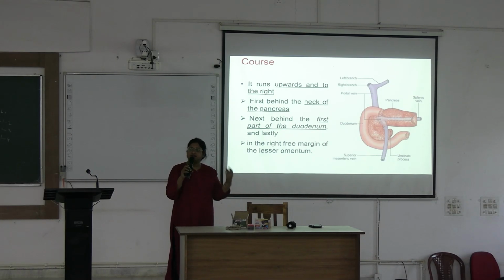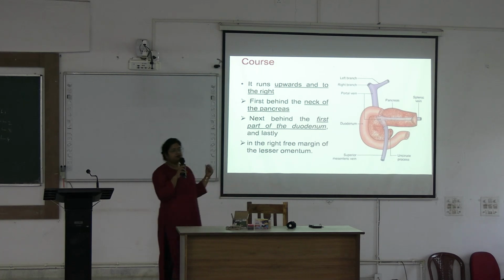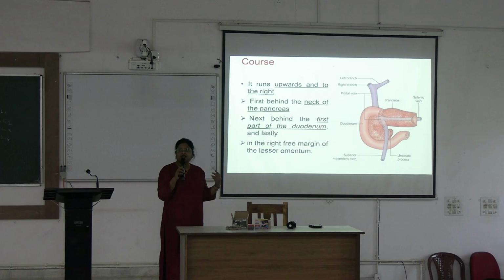Okay, so it has a right free margin which is connecting the stomach with the liver. So through its right free margin, the portal vein is passing. Through this right free margin, three structures are passing: hepatic artery, portal vein, and the bile duct. Okay, their relations are also important.